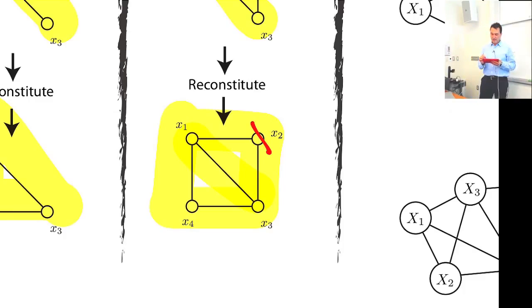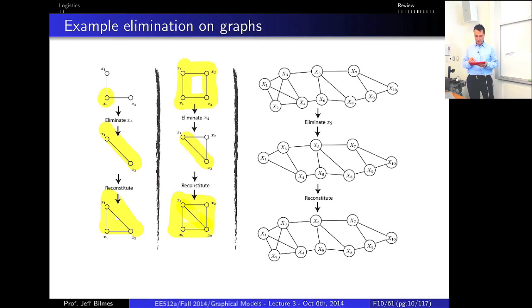On the other hand, it's not a clique, so it doesn't mean that all orders would produce no fill-in. This guy, if we eliminated that, would produce this fill-in. So it's not allowing all orders to occur. But it suggests that if we've gone through the process of elimination, suffered any consequent fill-in that happens as a result, and reconstitute the graph, then maybe once we do elimination again, it won't cause any fill-in.